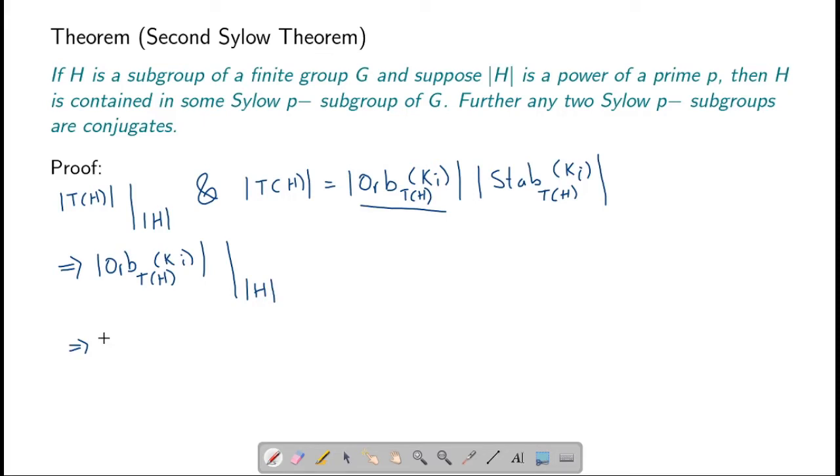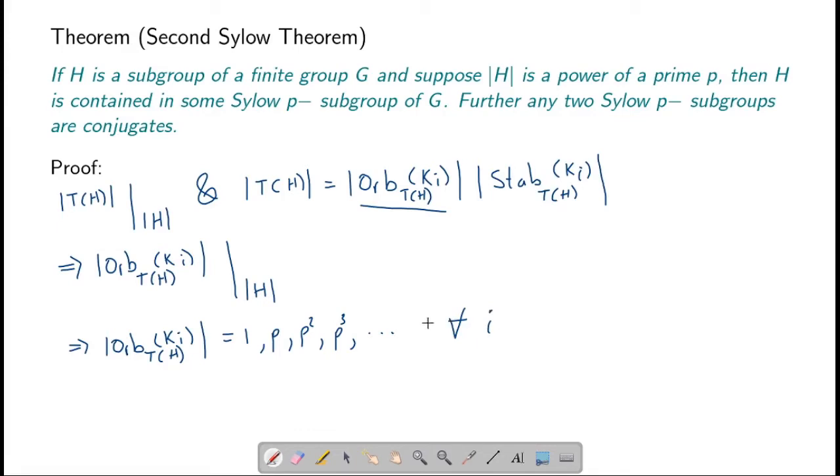So therefore, this will tell us that the orbit of Ki has either 1, p, p squared, p cubed, or something of that sort elements. And this happens for every i. So for any of the orbits, this is going to be true.